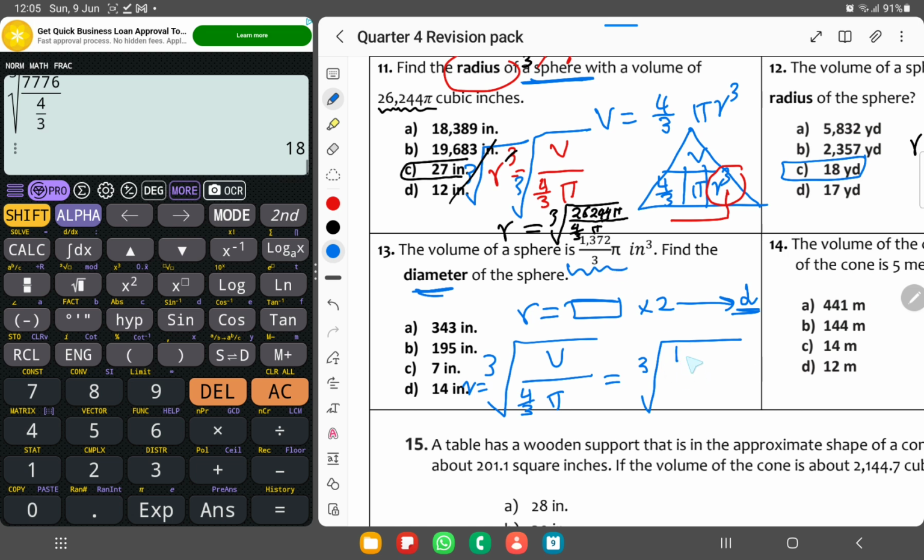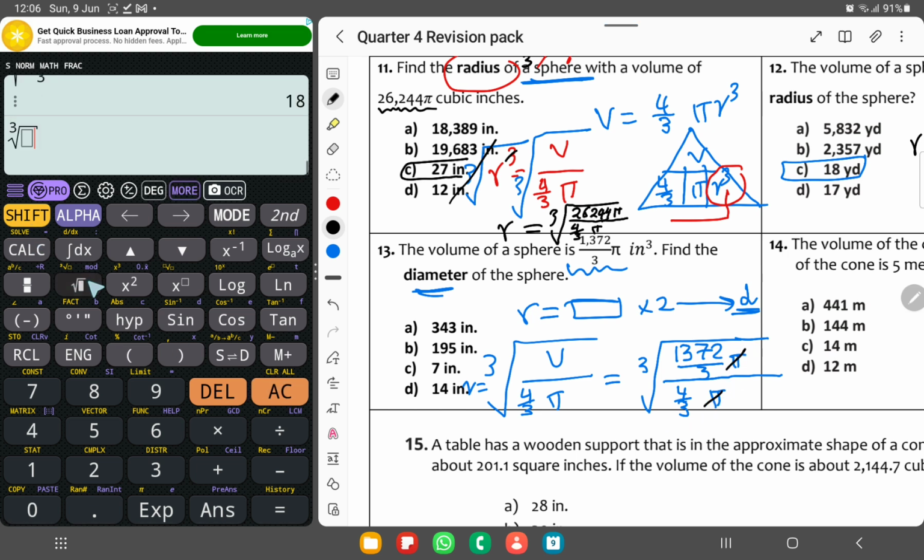Let's write it first. 1372 over 3 pi as it is, all of this over 4 over 3 pi. The easiest thing, the fractions are going to cross.